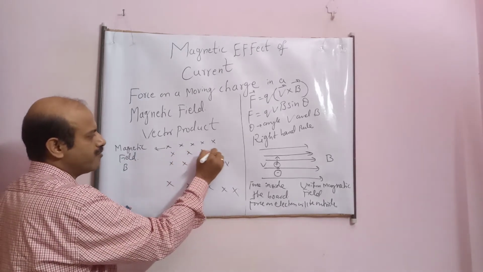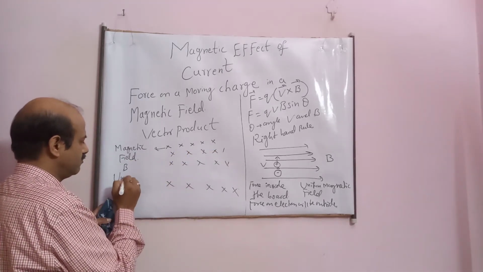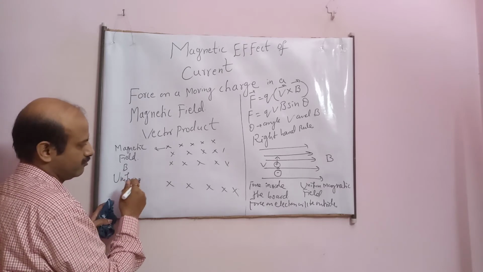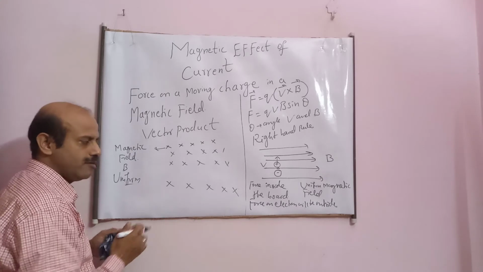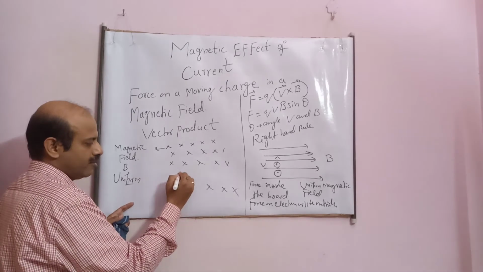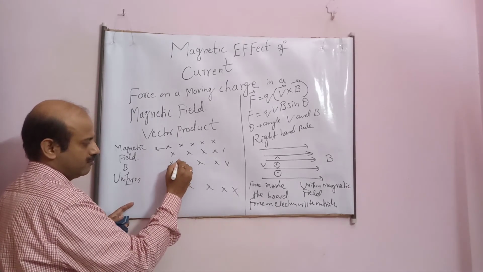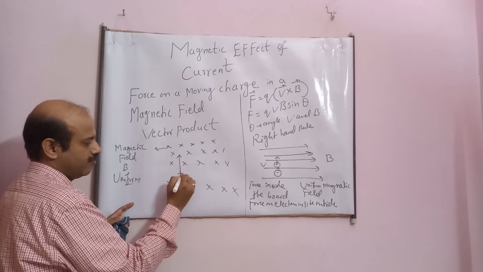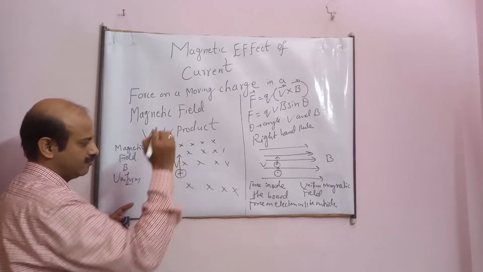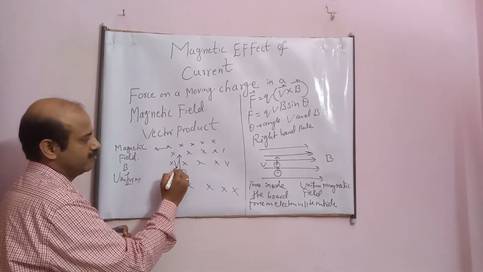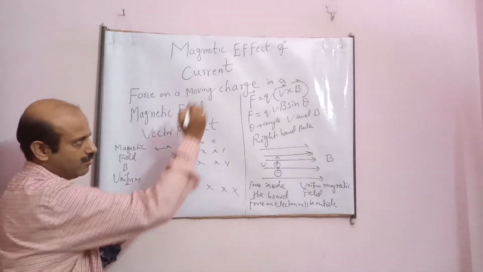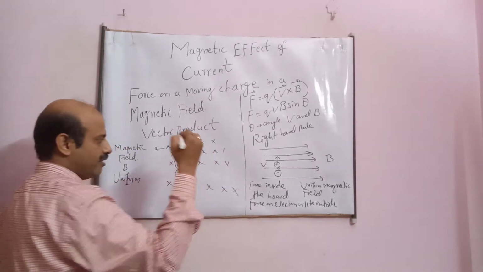And it is a uniform magnetic field. And suppose a charge is traveling this way. Positive charge. This is the velocity. So this is the first vector, upward on the board. This is the second vector, inside the board.